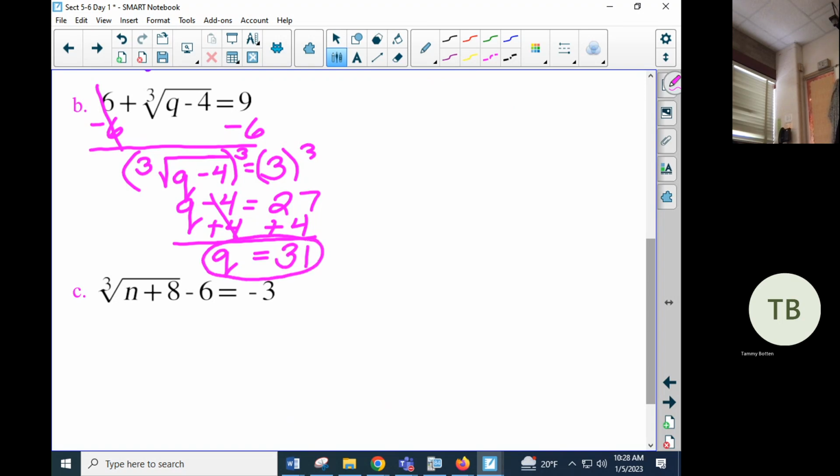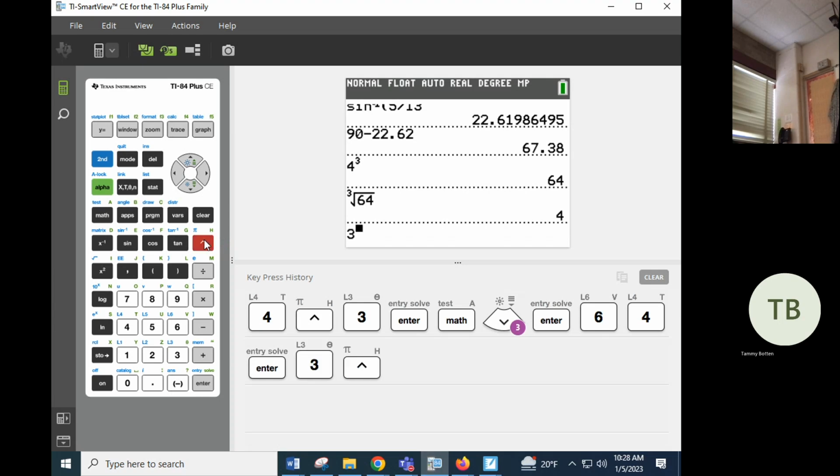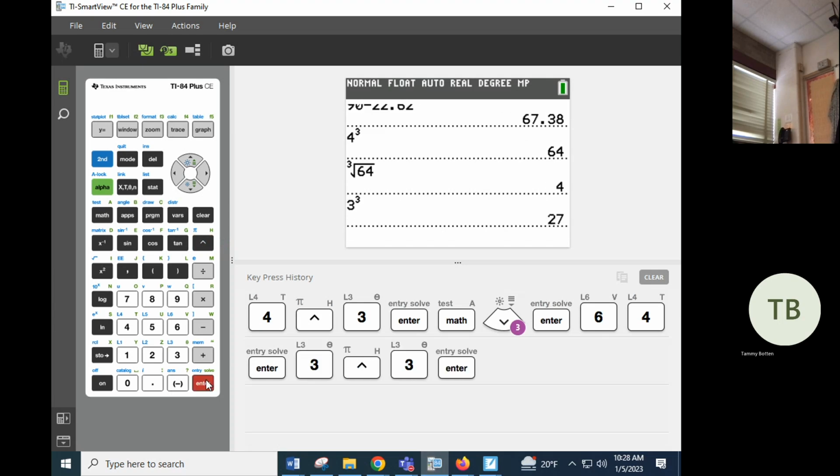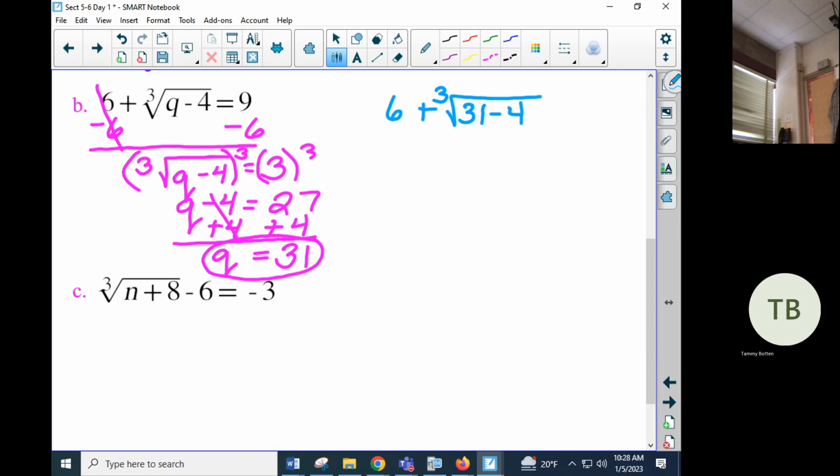Again, 3 cubed is 3 times 3 times 3, which is 27, but you also could have done 3 up arrow 3, which is 27. To check that one, we go 6 plus the cubed root of 31 minus 4 and check if that equals 9.